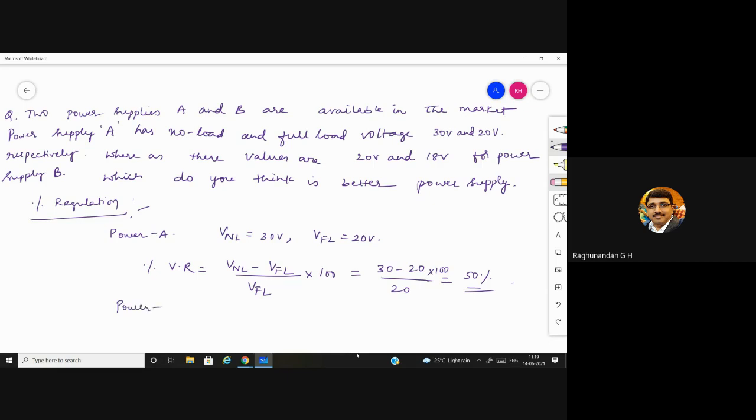Similarly for power supply B, V no load is equal to 20 volt and V full load is equal to 18 volt.